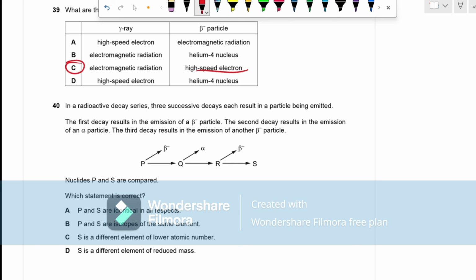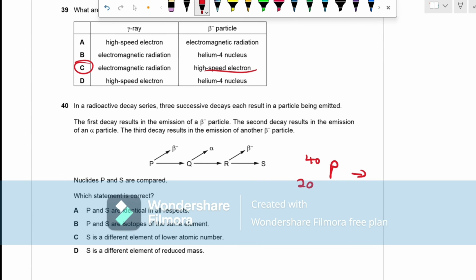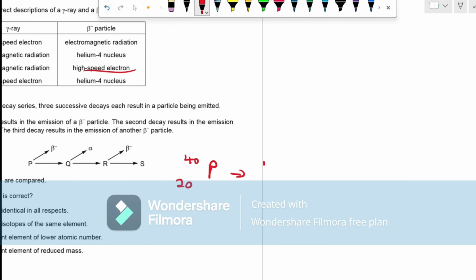So let me assume that P is 40, then this is 20. If it's going to undergo beta minus decay, it's going to be 40, right? So it's going to be 21, it's going to gain a proton. And that's going to be 0, -1, and beta minus, right? So this becomes that. Then if it's going to emit an alpha particle, it's going to be 36. Then this is going to be 19, of R, sorry. So it's going to form R, right?